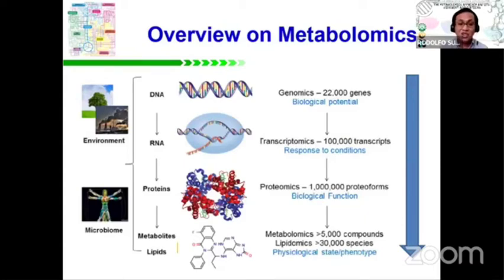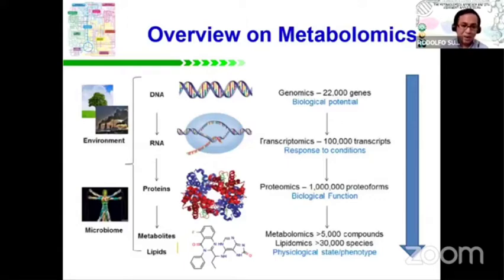The translation of these transcripts leads to the complement of all the proteins in an organism, which we call the proteome. The field that deals with it is proteomics. Interestingly, we have a lot more proteome in our body than genes. It is predicted that we have 1 million proteoforms or protein isoforms, many of which remain unidentified.